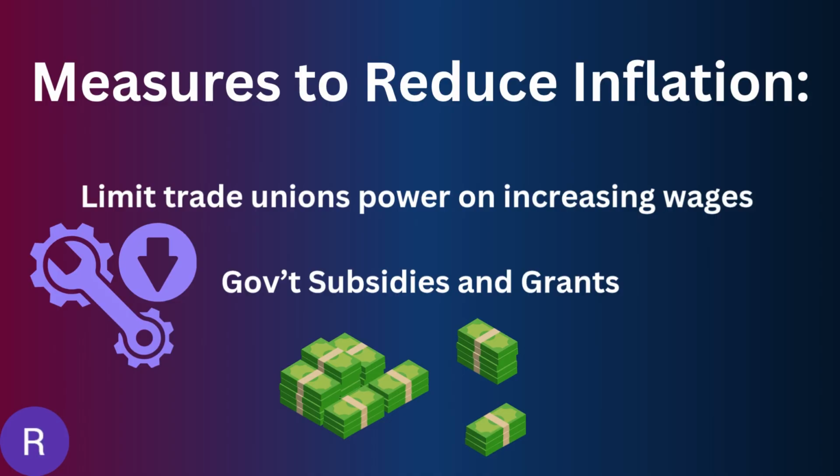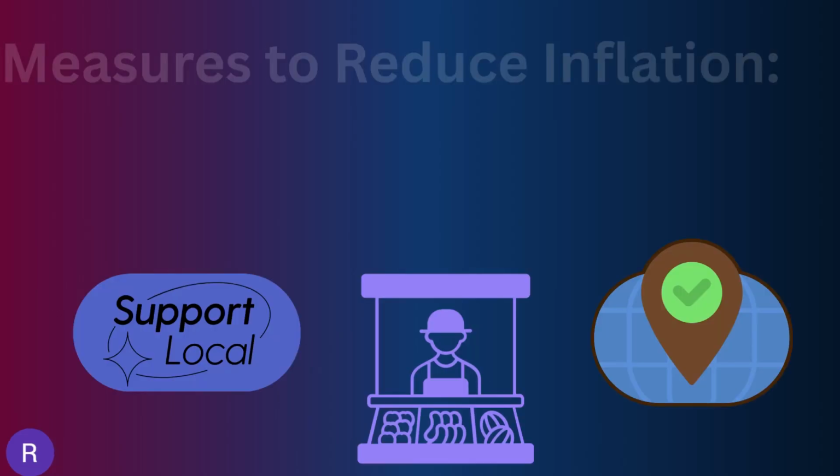So limiting trade unions' power to increase wages would be a good measure to help reduce inflation. Government subsidies and grants are also another great measure. A subsidy is when the government bears part of the cost of an operational business. A grant is a sum of money that a business obtains that they do not have to repay. All of that goes a long way in terms of reducing inflation.